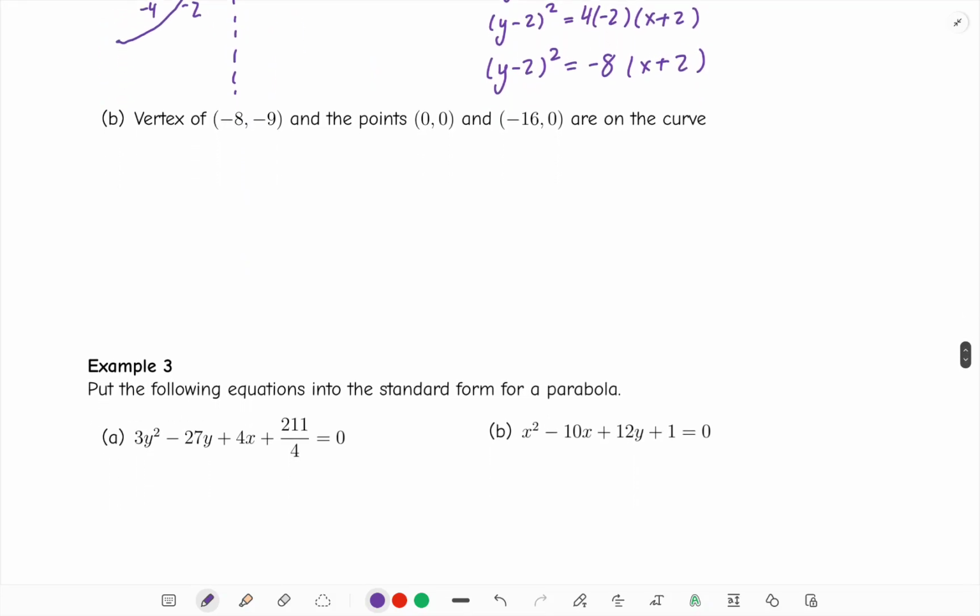Now part B, we have the vertex of (-8, -9), and then 2 points that are on the curve. Again, I'm going to sketch where these points are. Let's just say right there.